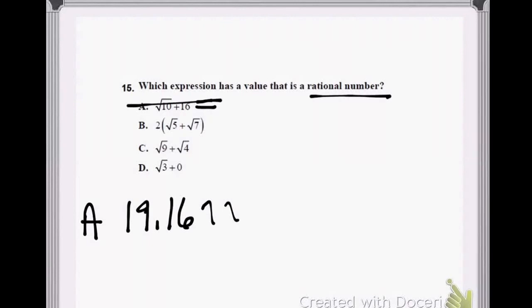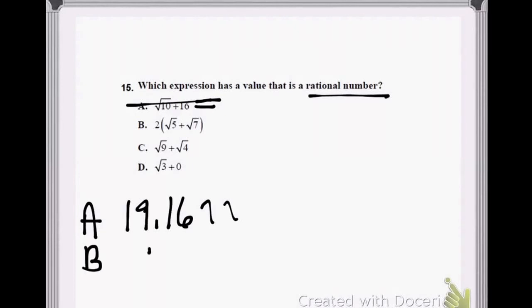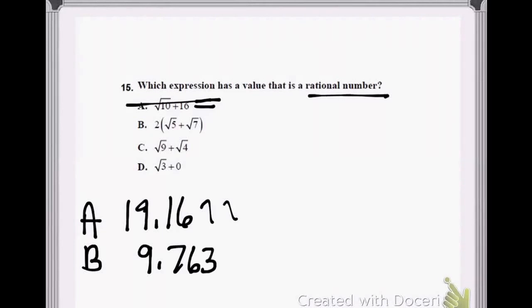If I do the second one, 2 parentheses, square root of 5 plus the square root of 7 equals, hit the SD button, 9.7636385777, and so on.